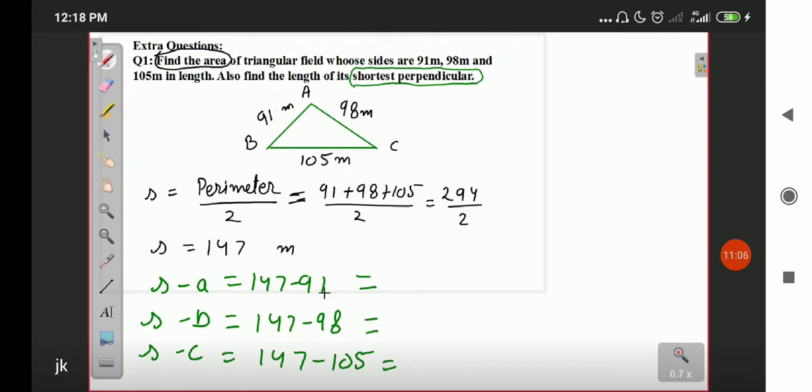This will be 49 and this will be 42. Now we have determined the values of S, S minus A, S minus B and S minus C. Next, we will determine the area of this triangle.